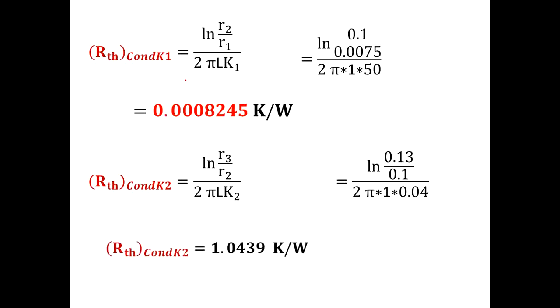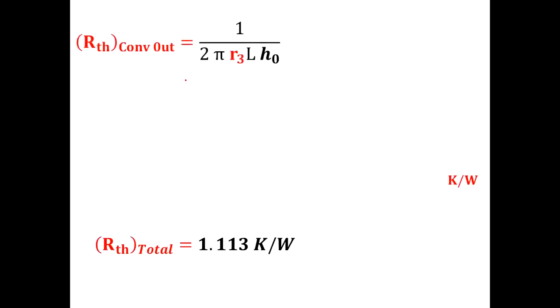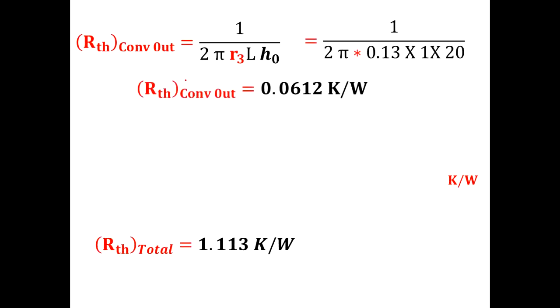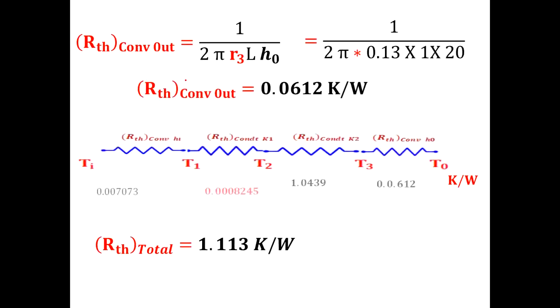Then the conduction resistance will be this one. All thermal resistances summed together give 1.113 Kelvin per watt.